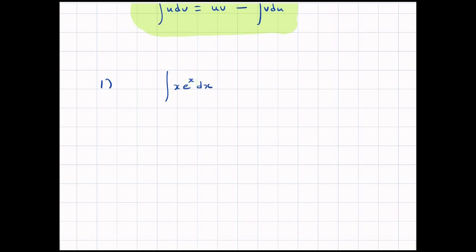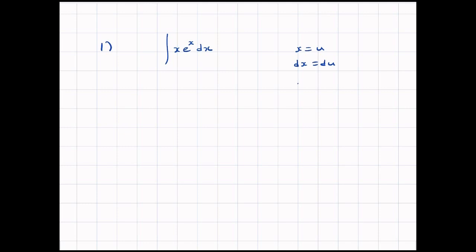In this case, I'm going to set x to be equal to u. That means that du is equal to dx, and dv is equal to e to the x dx, which makes v equal to also e to the x.